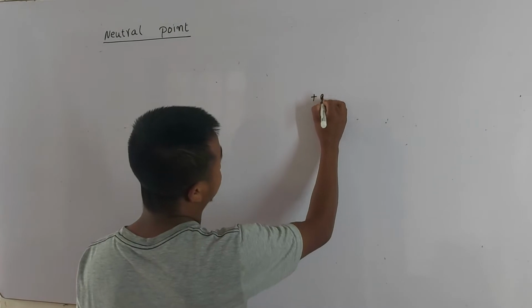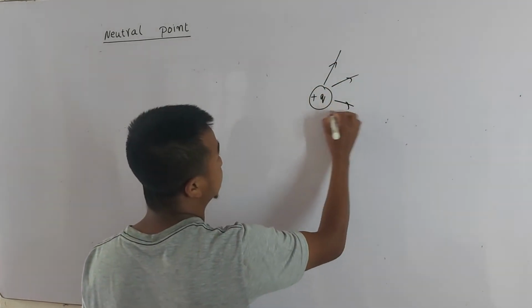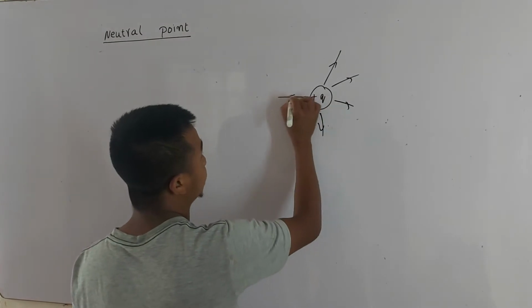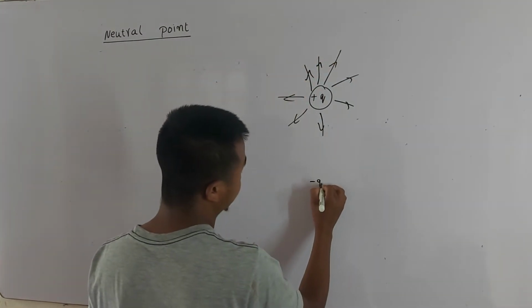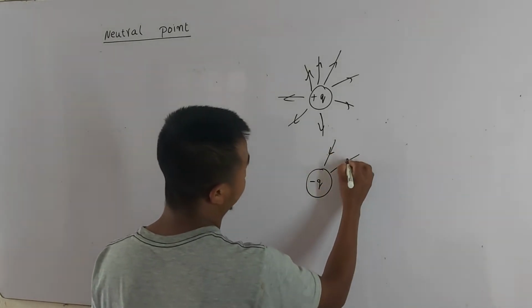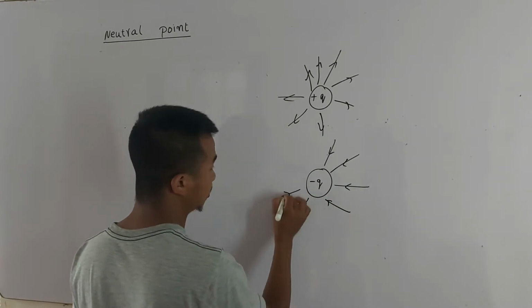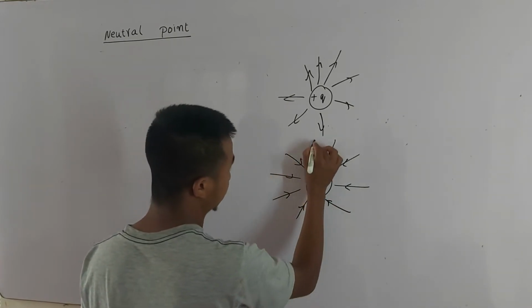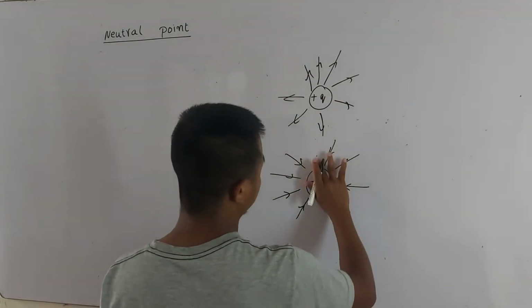If the charge is plus Q, the electric field lines of force are radially outward, and if the source charge is minus Q, the electric field lines of force are radially inward.